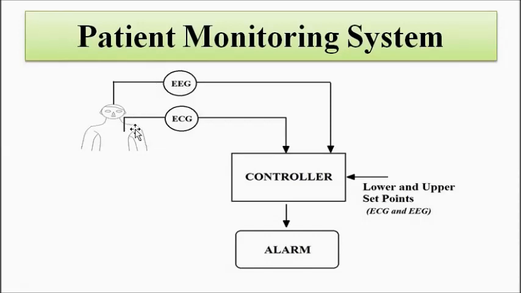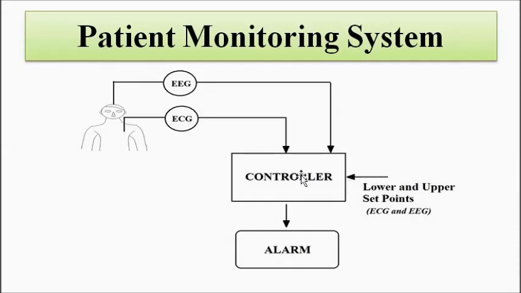Okay, they measure the ECG and EEG signal, and give the signal to the controller. Now to the controller, the set points are given, which is the safe range of ECG and EEG. The ECG and EEG should stay within a certain range, so that we get the information that the patient is behaving in a normal way.